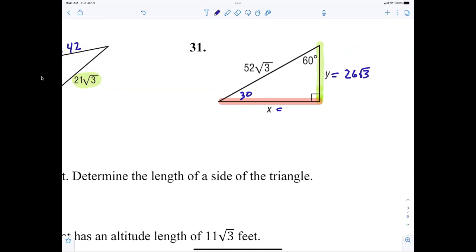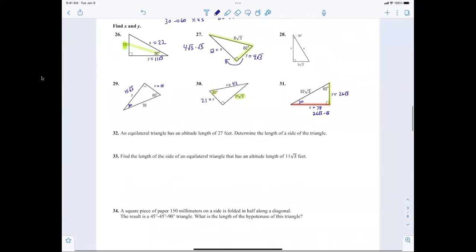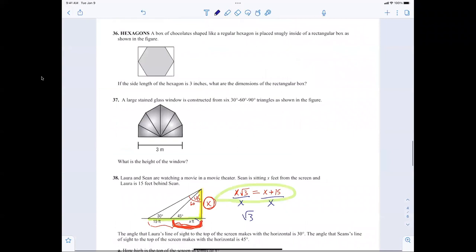And what is X? How much? I agree. Because 26 radical 3 times radical 3. Is everybody with me? Radical 3 times radical 3 is 3, and 3 times 26 is 78. So I'm totally happy with that.